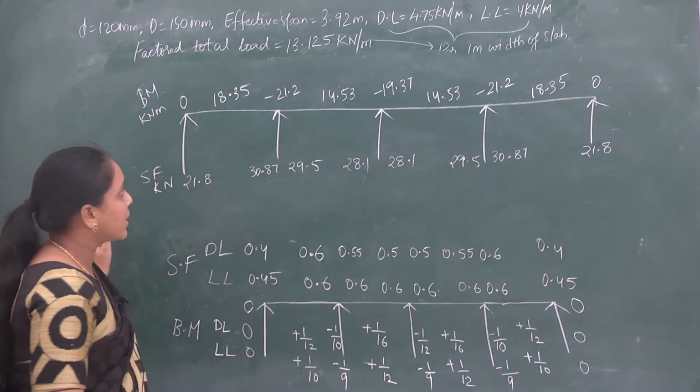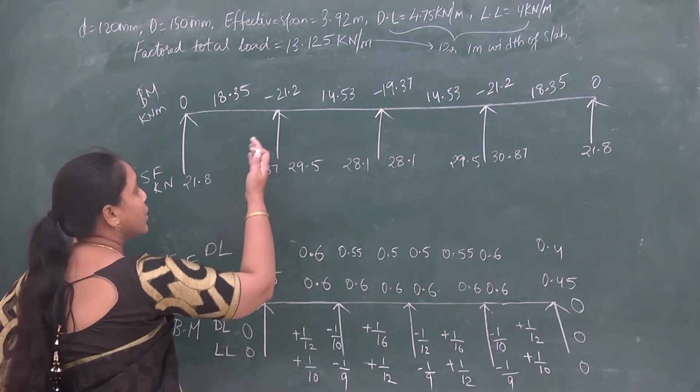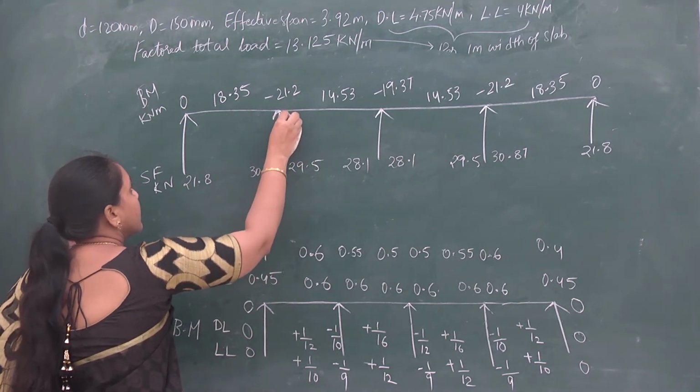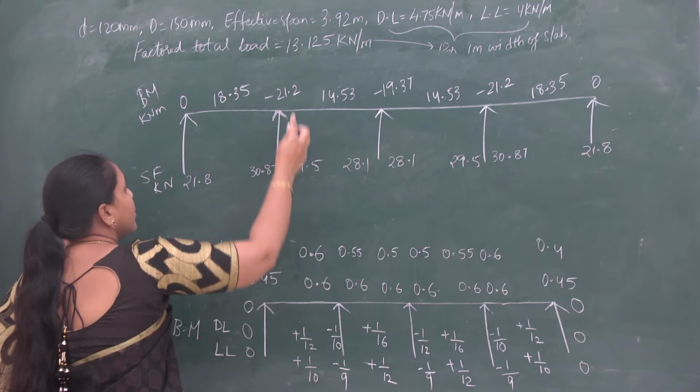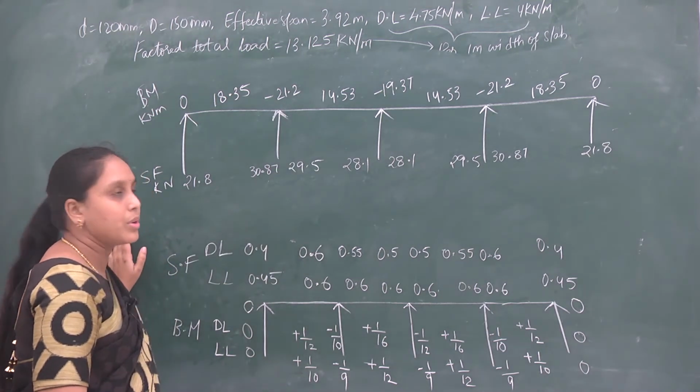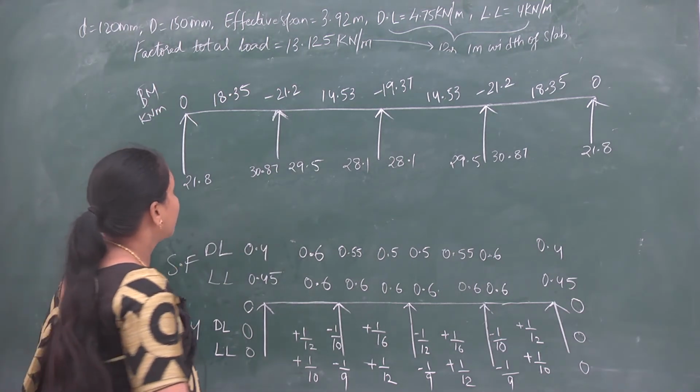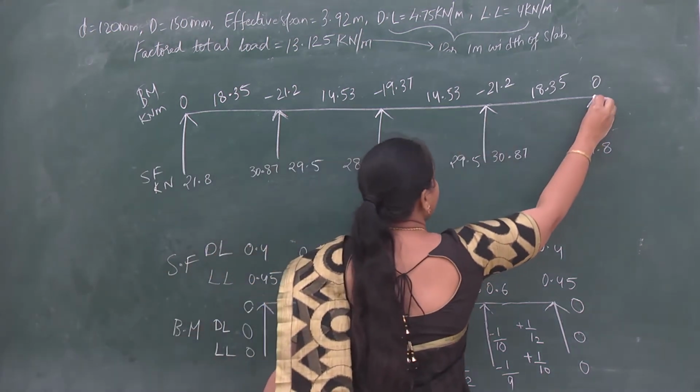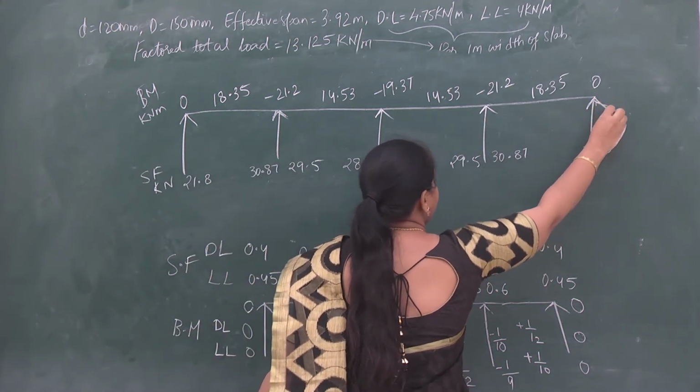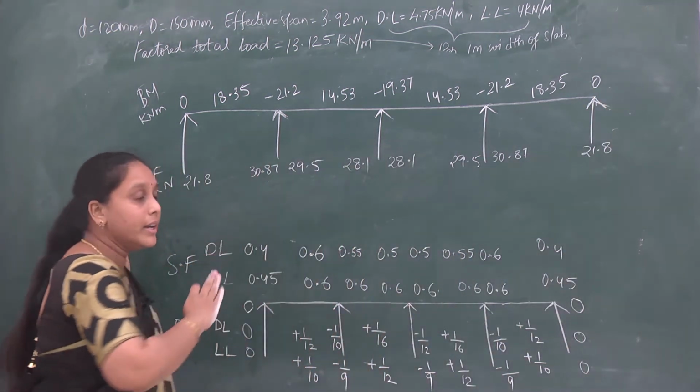Here the bending moment is 0, at the midspan it is 18.35, and at the support near the end support it is minus 21.2 kilonewton meter. In this way we will get the values for the factored bending moments at different sections.